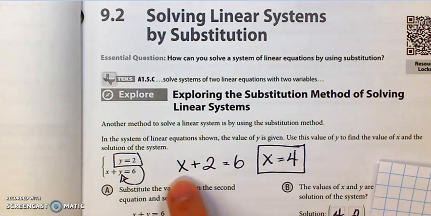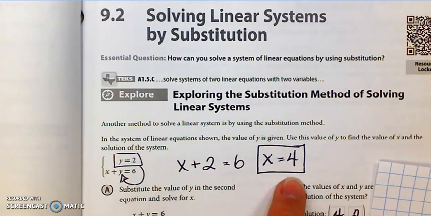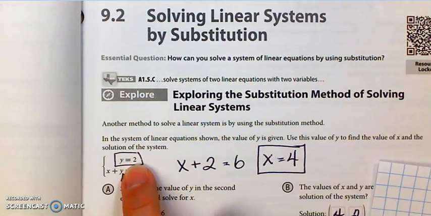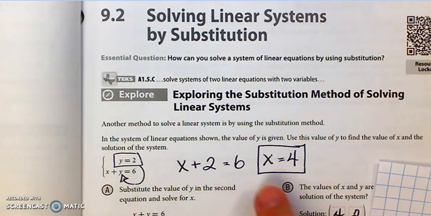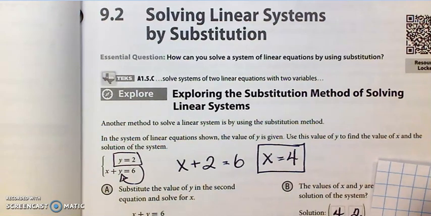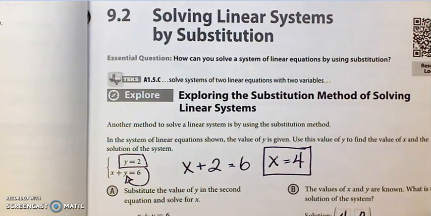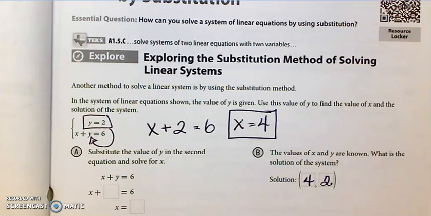When I do that, I no longer have two variables. I no longer have x and y because I put in what y was equivalent to, which is 2. And then that makes it really easy to solve for x. So when y is 2, x is 4. So the values of x and y are known.